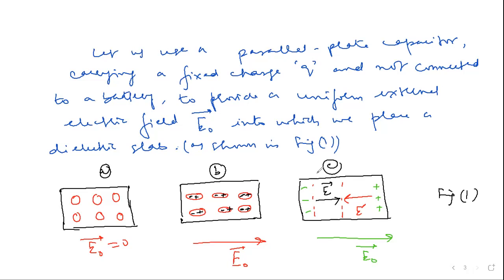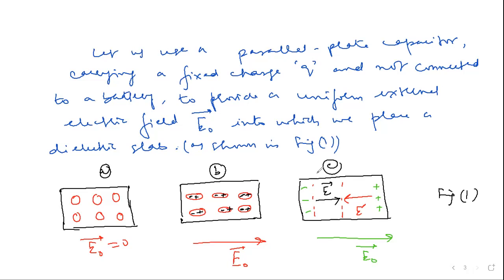So this electric field E prime is opposite in direction to the applied electric field E naught. So in the interior of the dielectric slab, the net electric field is E, which is the vector sum of E naught and E prime.